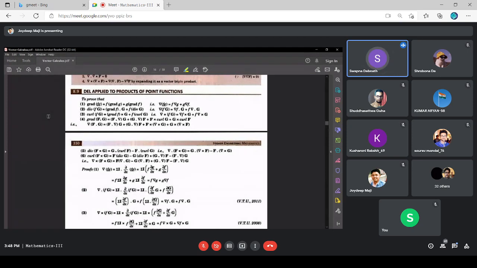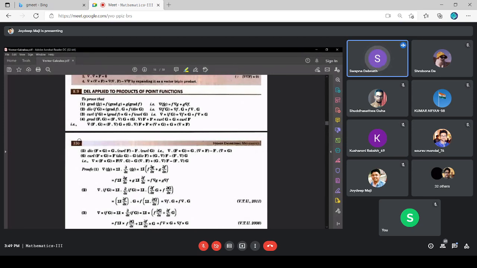Similarly, curl of fg. Similarly, 4, 1, 2, 3, 4, 5, 6. These are the 6 results. These are also important results. These are just calculations. Once you know what is grad, what is divergence, what is curl, you can calculate any type of combination.